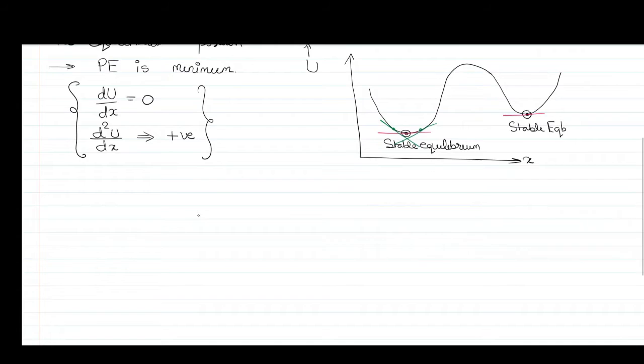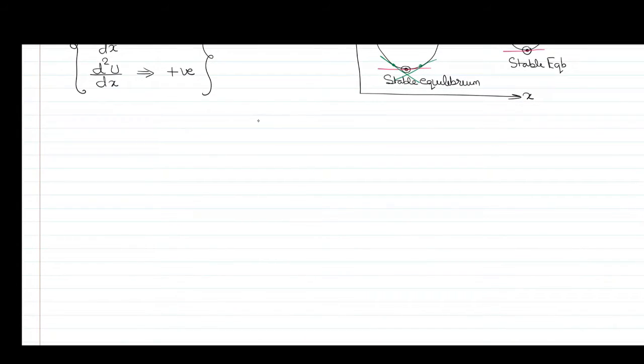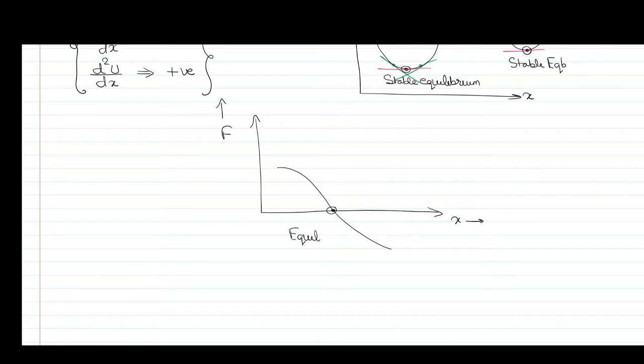Now basically what happens in case of stable equilibrium? The force always acts towards the equilibrium position. Suppose F and x graph is there, and this is the graph. Now this position is equilibrium position because force is 0.